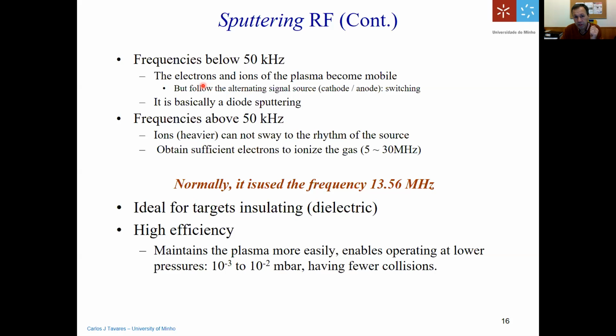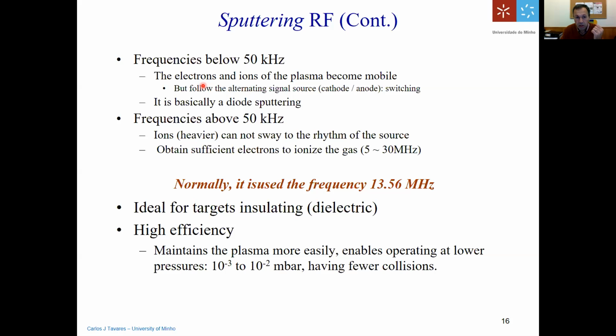And we want to avoid this because ions are much heavier than electrons. For example, the mass of a proton is 1.67 times 10 to the minus 27 kilograms, and the electron is 9.11 times 10 to the minus 31 kilograms. So you see, the electrons are very light in comparison to a proton, and much lighter than neutral atoms.